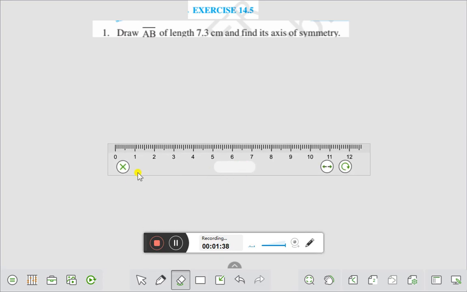We will draw a length of 7.3 centimeter. Let us draw a line of length 7.3 centimeter.